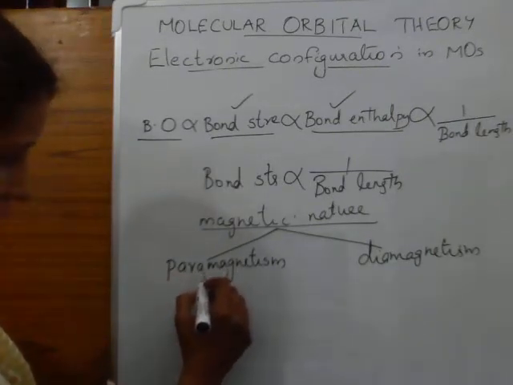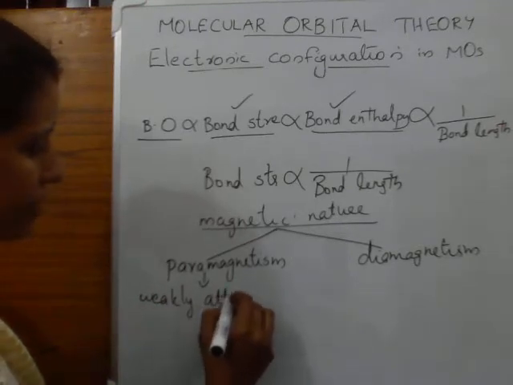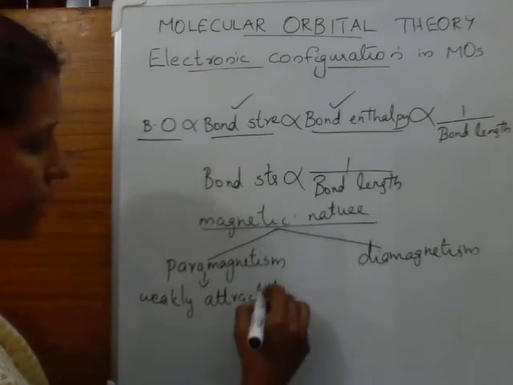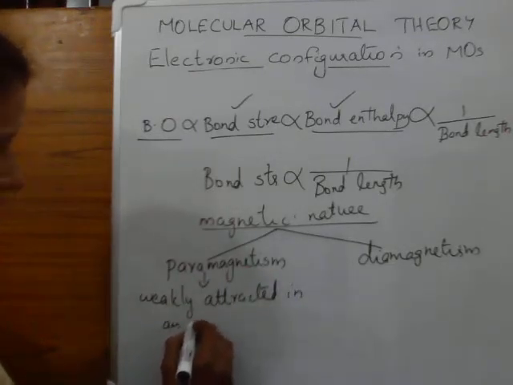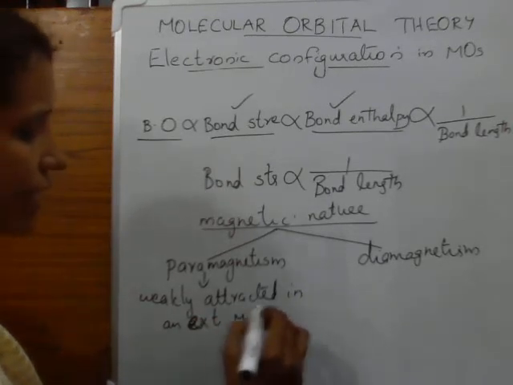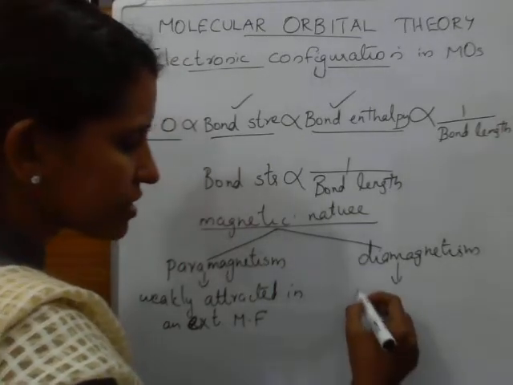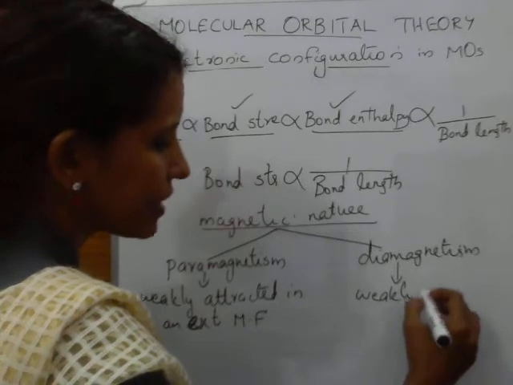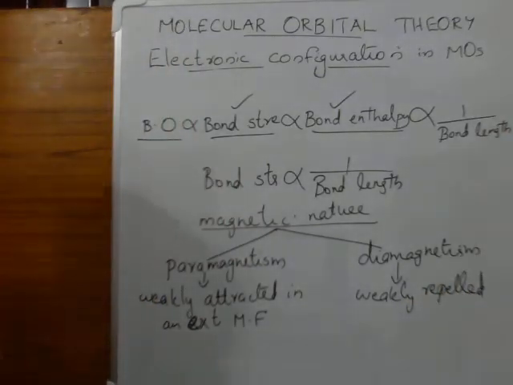Paramagnetic substances are weakly attracted in an applied magnetic field, whereas diamagnetic substances are weakly repelled in an applied external magnetic field.